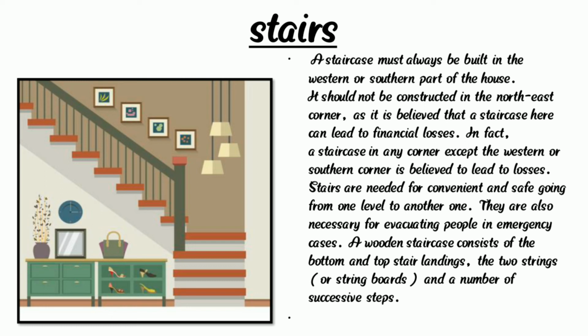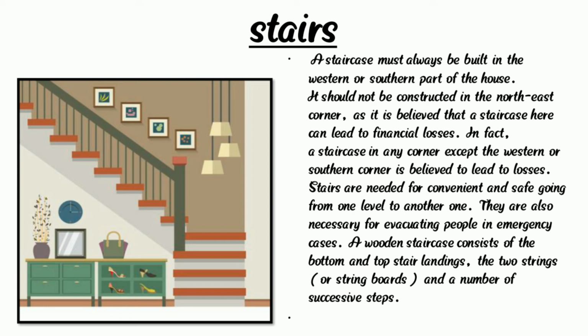A wooden staircase consists of the bottom and top stair landing, two strings or string boards, and a number of successive steps. In stairs we can find many steps, made with wood or metal. Why is it important?